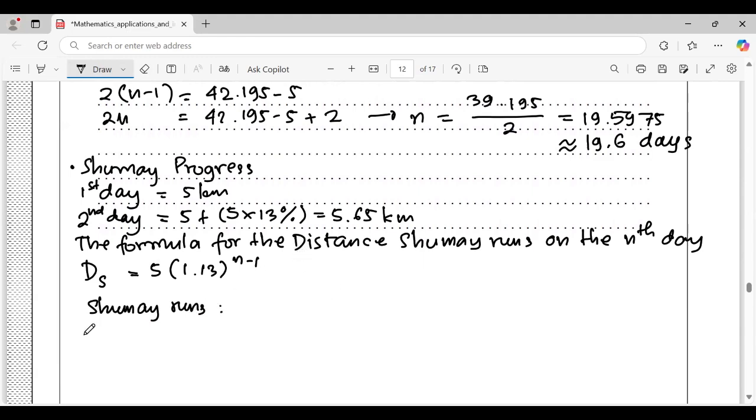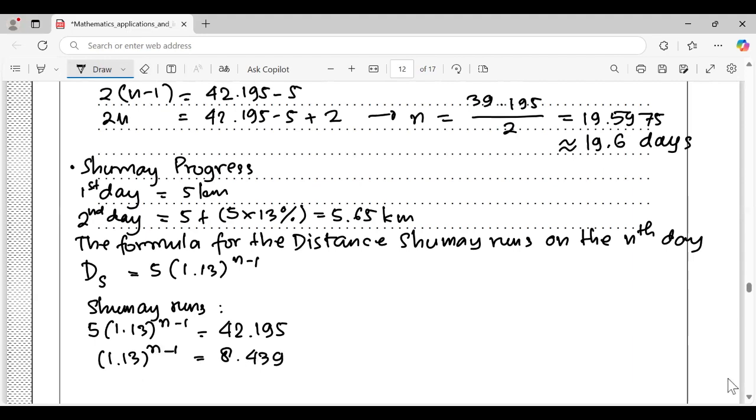We can calculate through this: 5 times 1.13 power n minus 1 equal 42.195, or 1.13 power n minus 1 equal 42.195 divided by 5, 8.439.